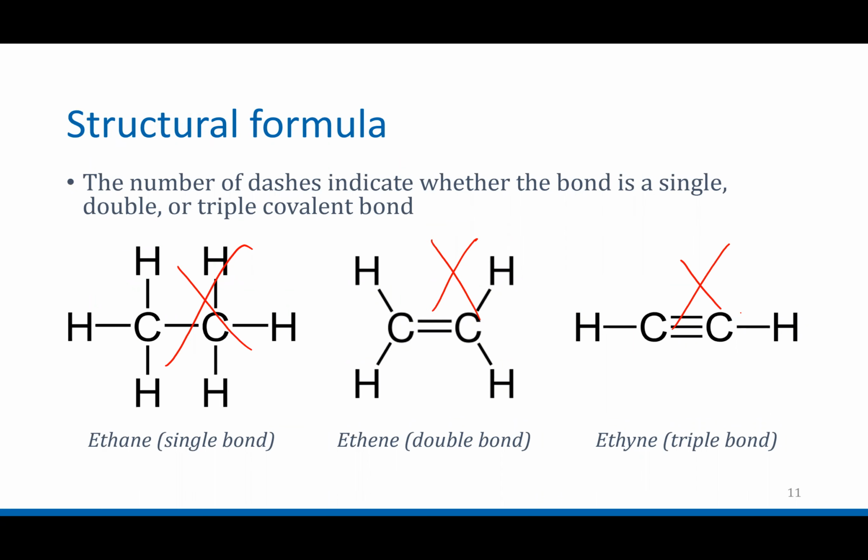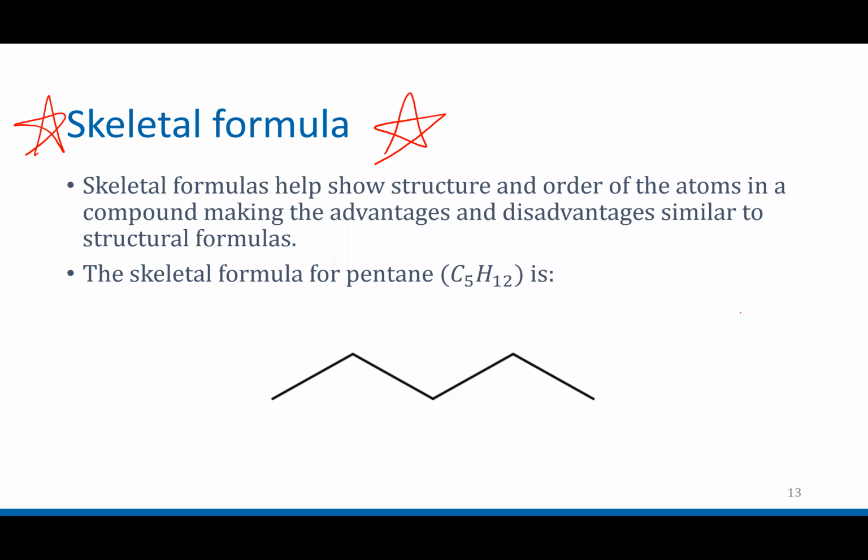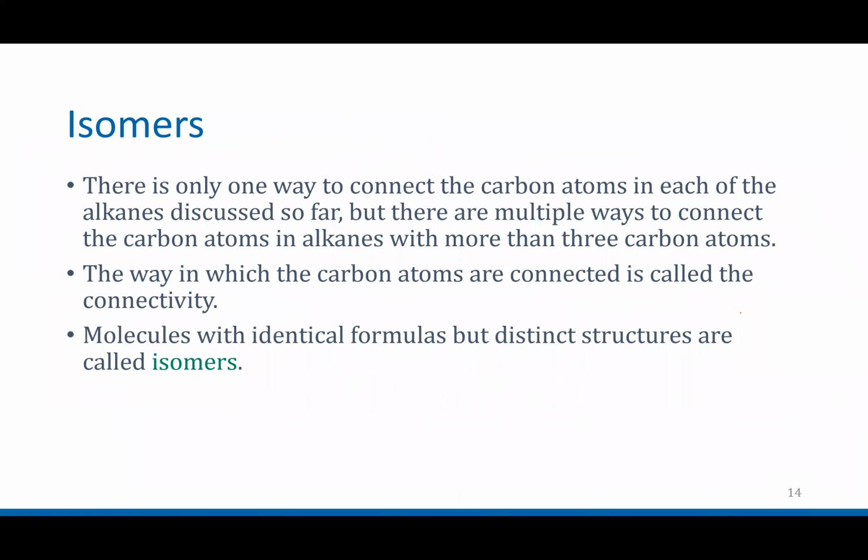If I give you a question on a test, you could always do structural formula, but it's a lot easier to do skeletal, especially when we get into longer hydrocarbons, aromatics. Skeletal is the way to go. If any of you are still confused about skeletal, don't worry, because we're going to be drawing them for the next month. We're going to look at skeletal for alkanes, alkenes, alkynes, and aromatics. So you'll get lots of practice.